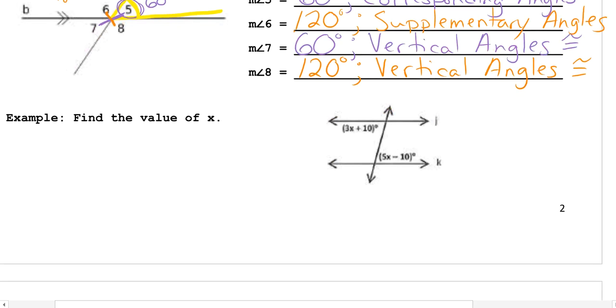So example 2, I'm given two angles and I'm asked to find the value of x.